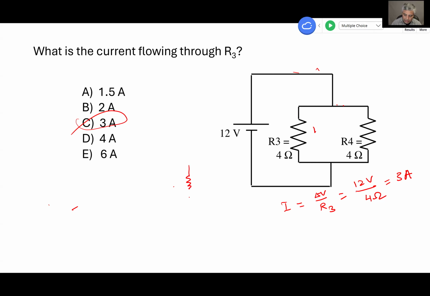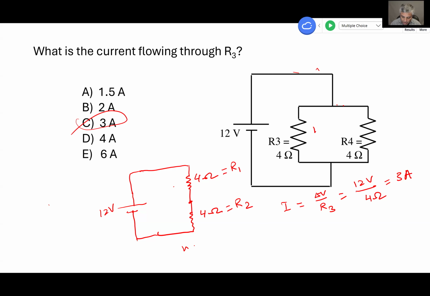But if they were connected like this, let's say, what is the current through?